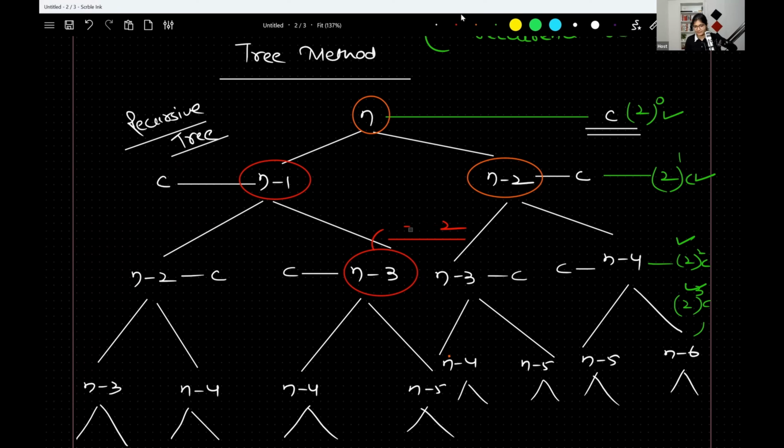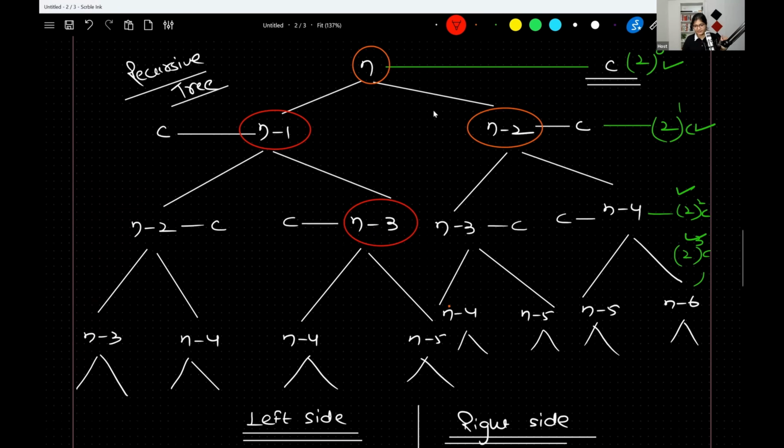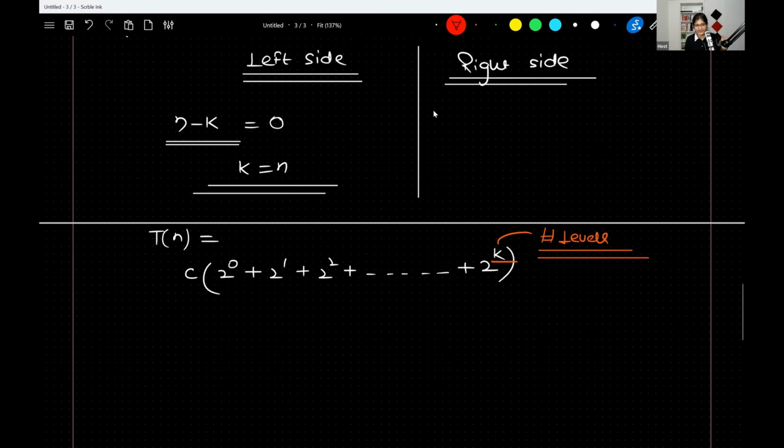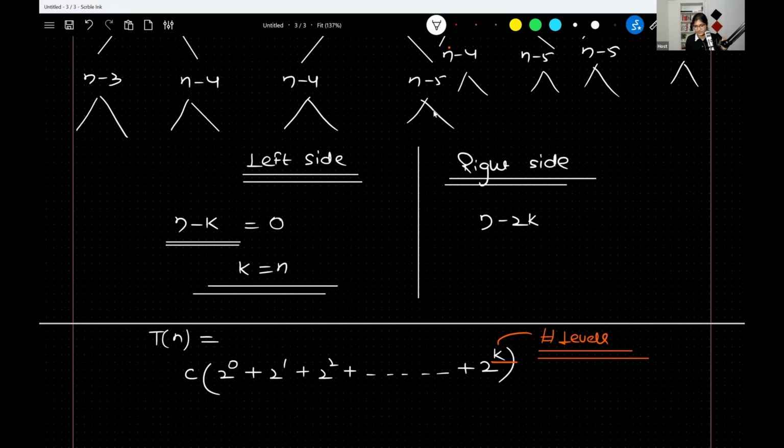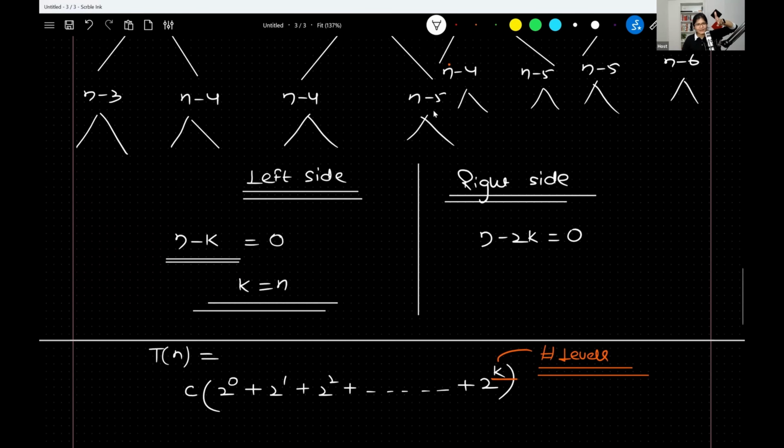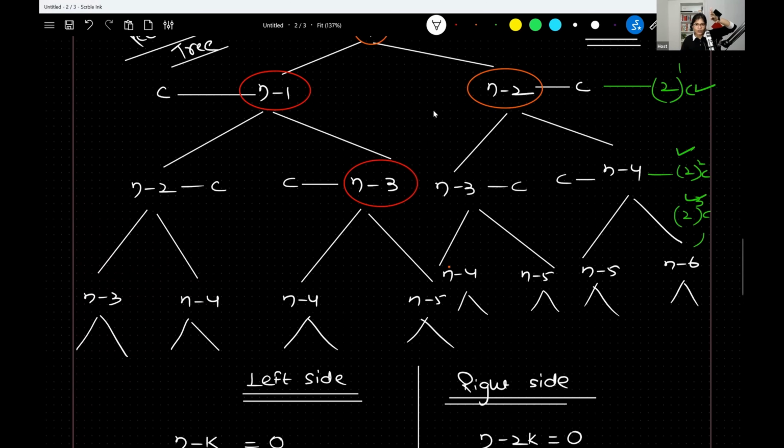The more generalized statement, which might not be exact but is equally valid for all the equations, is this. Can I write it like this? Approximately we're getting n minus 2k, which equals 0. Approximately we are subtracting 2 each time on the right side.